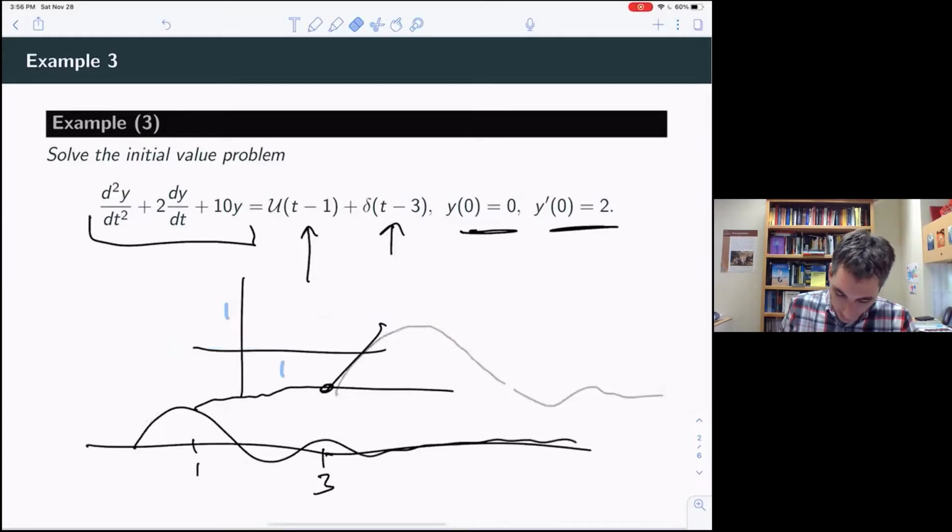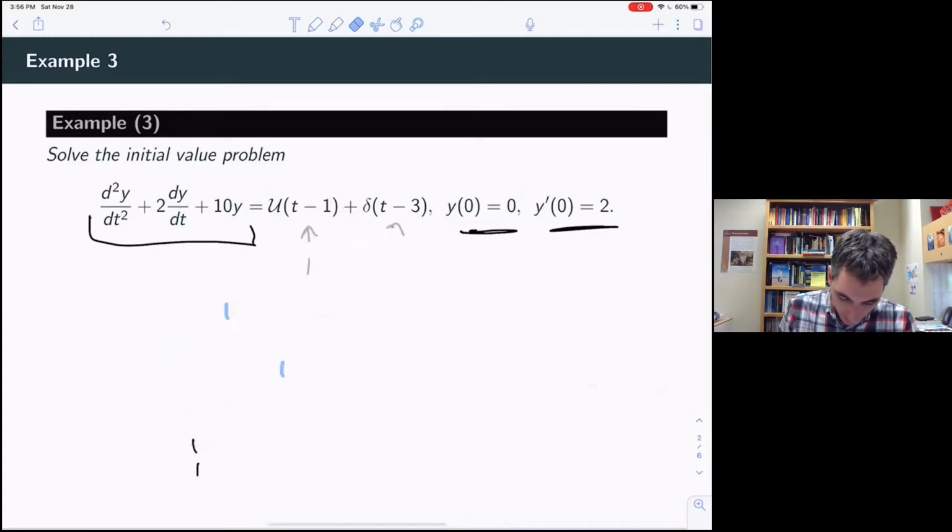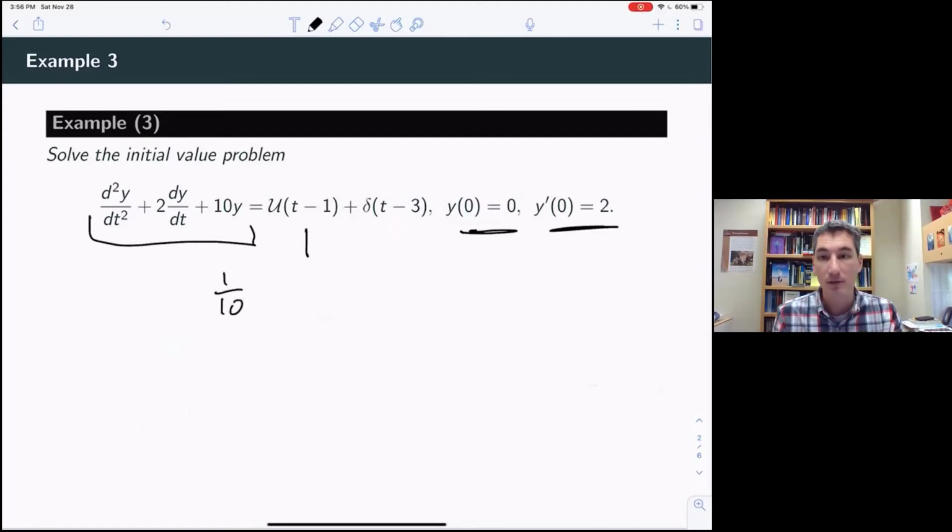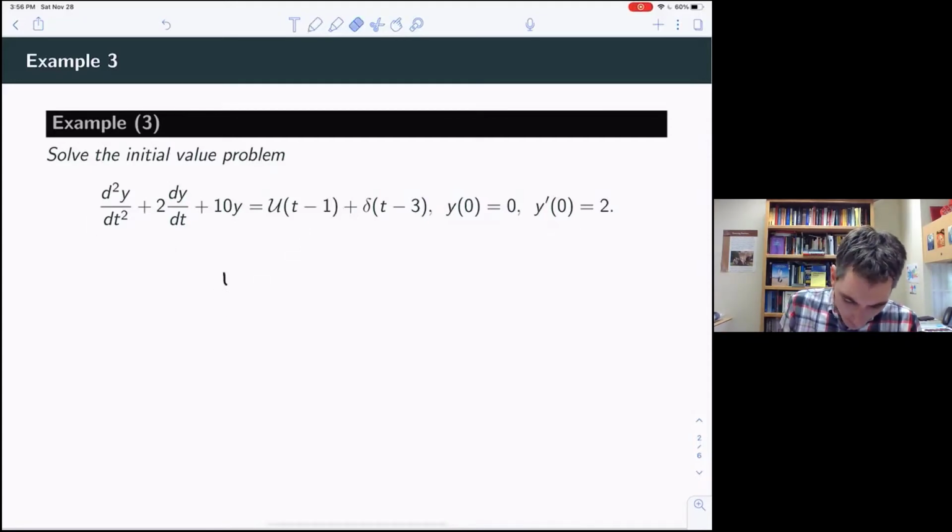If this is basically a force of 1, and then you have 10y here, then that's probably going to be 1/10, because the spring constant is 10. So if you're forcing it with 1 Newton, it's going to settle at 1/10. So after the dust settles, I would think that this function is going to settle down at 1/10. Okay, but let's jump in and actually tackle it here.